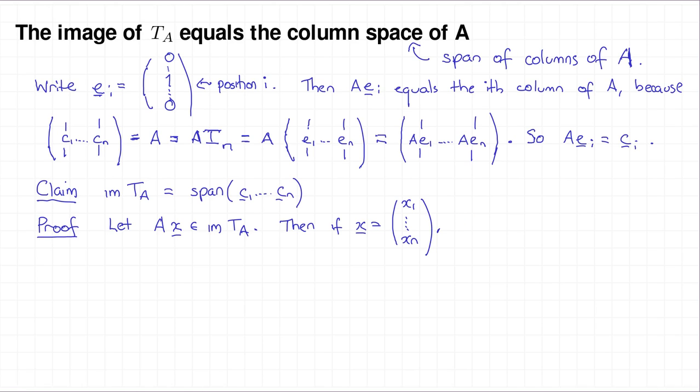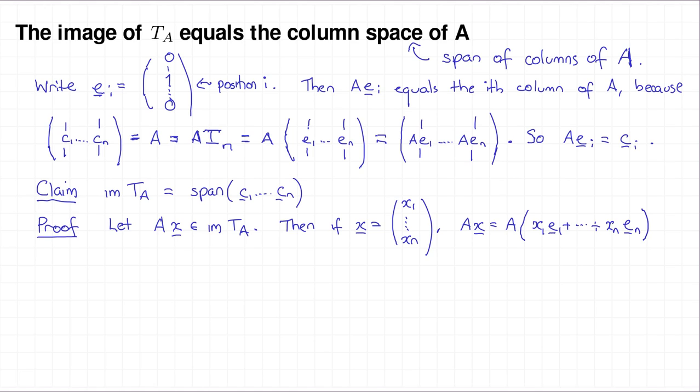And now A times x is equal to A times x1 times the first standard basis vector plus x2 times the second standard basis vector, and so on up to xn times the last standard basis vector.